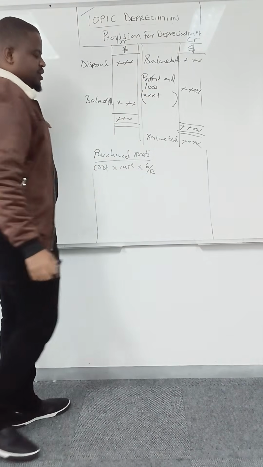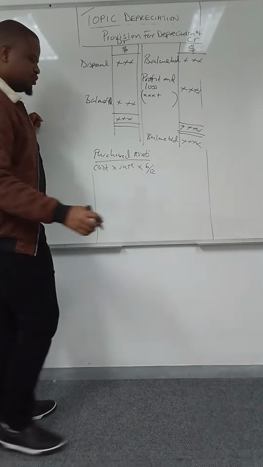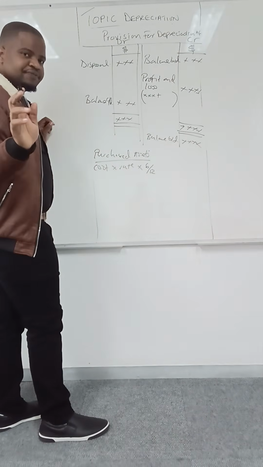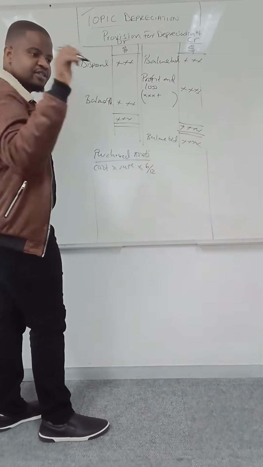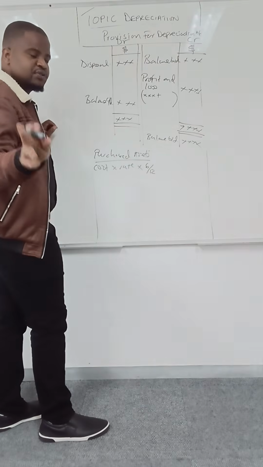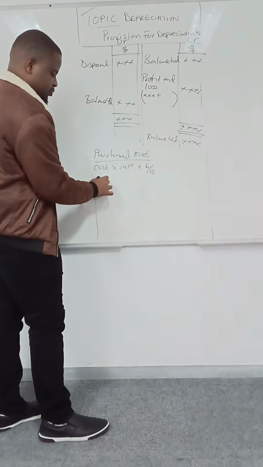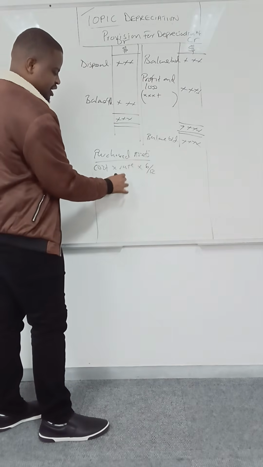Plus, then another depreciation needed here is depreciation for the disposed asset. That's if we are charging depreciation in the month of disposal. But if we are not charging depreciation in the month of disposal, it means we don't want to see depreciation for the disposed asset.